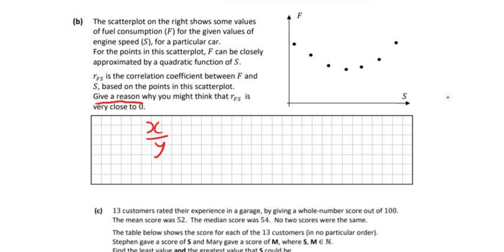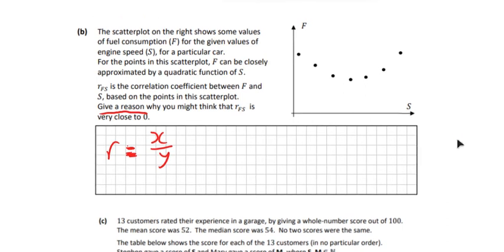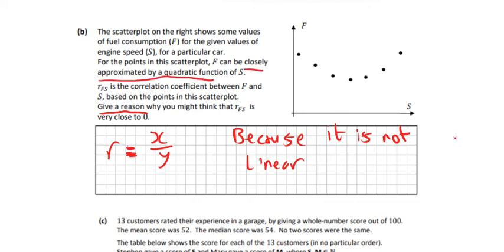So the way you get R is from X divided by Y, really. So it's because it's linear, or sorry, because it's not linear. So it's closely approximated by a quadratic function.